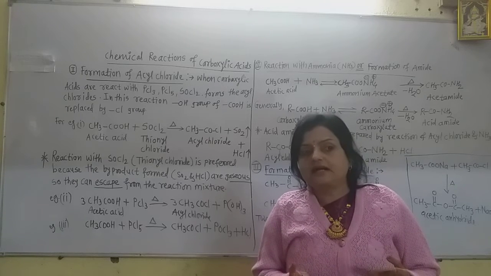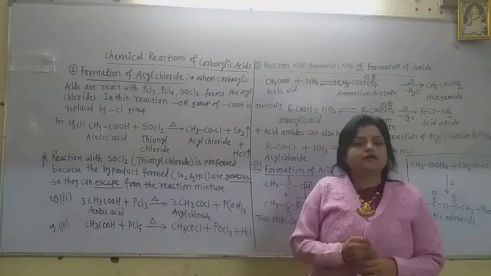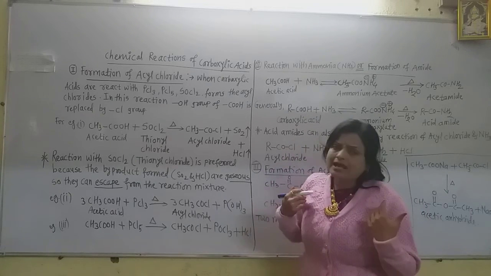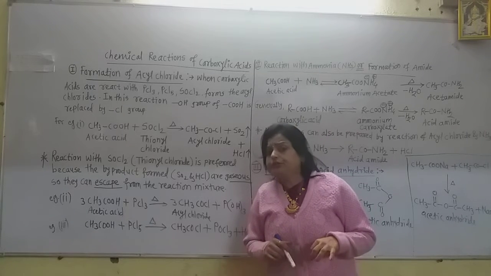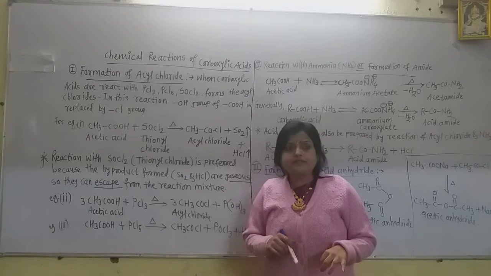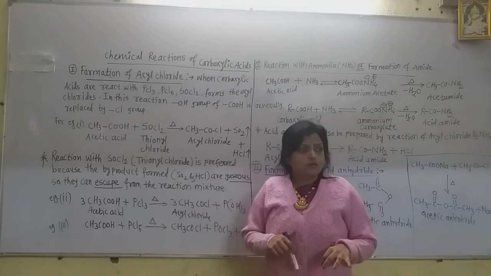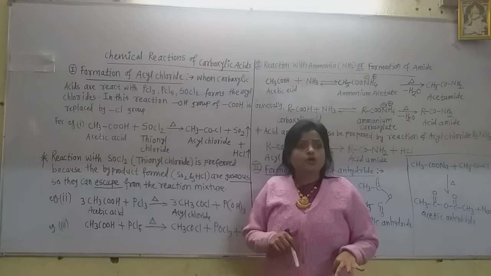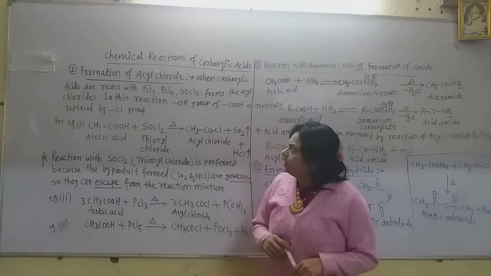Acyl chlorides are also called acid chlorides. Both are names for the same compound. Three different reagents are used for the preparation of acyl chloride: phosphorus trichloride, phosphorus pentachloride and thionyl chloride.